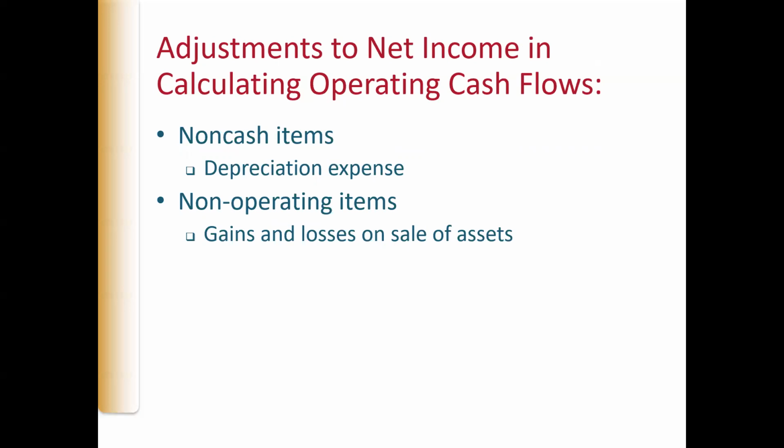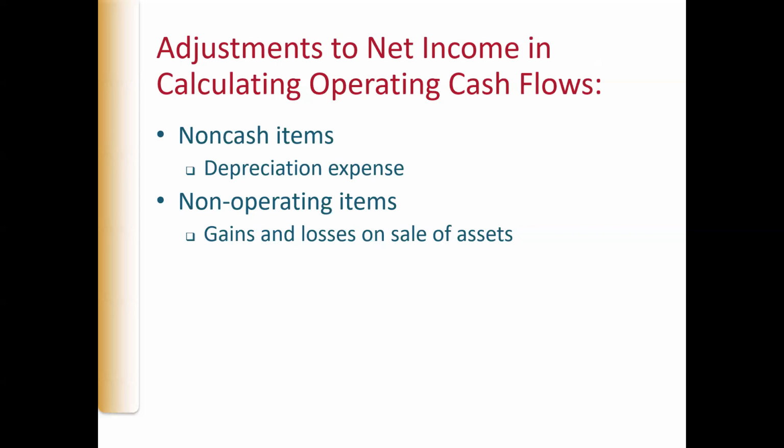Another thing that we are going to have to add back into the operating section of the statement of cash flows are gains or losses from the sale of assets, because those gains and losses affect what our net income is.